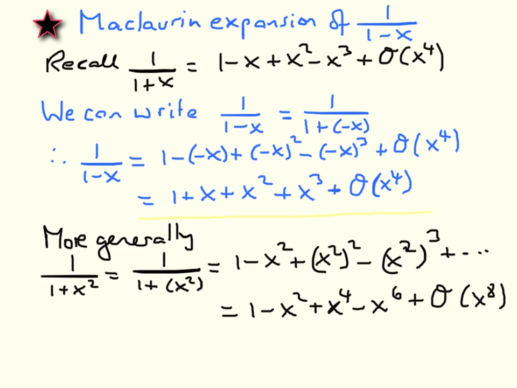I'll leave that to you as an exercise to check. But what I'm trying to say with this is that a formula like this gives you information about other expansions, and with that we'll move on to the final exercise in this quiz.